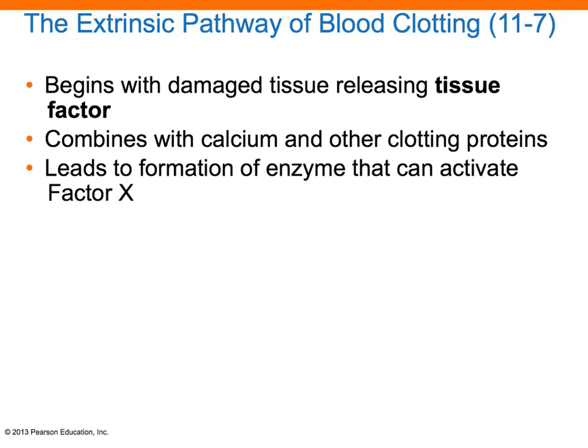So the extrinsic pathway begins with the damaged tissue releasing tissue factor. The tissue factor combines with calcium ions and other clotting proteins to form an enzyme which activates what we call the factor X. Factor X is a clotting protein that's made by the liver.